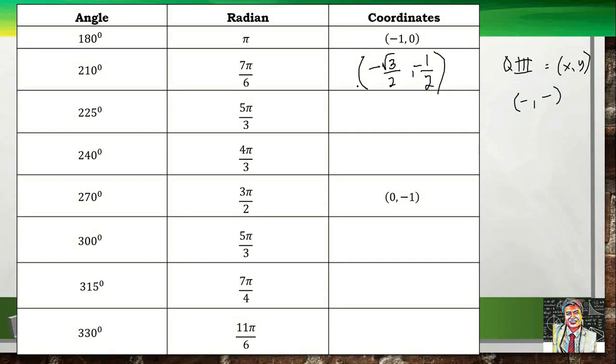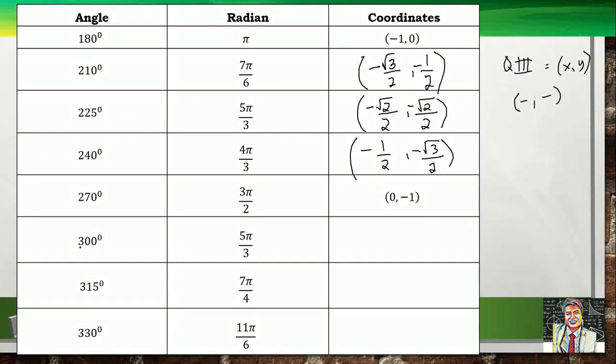And for 225 degrees, the reference angle is 45, coordinates sa 45, that is square root of 2 over 2, and then square root of 2 over 2. So, negative dapat, both sides, since nasa quadrant 3 siya. X and Y, negative. Next, 240 degrees also belong to quadrant number 3. So, dapat negative parehas. 240 degrees, reference angle niya is 60 degrees. So, therefore, ang coordinates niya is 1/2 and square root of 3 over 2. Both negative. Ayun yan.